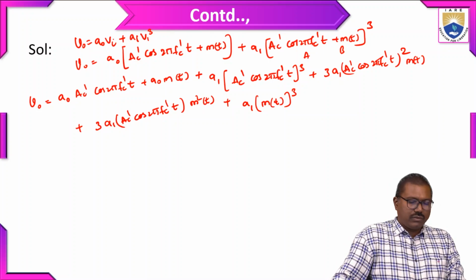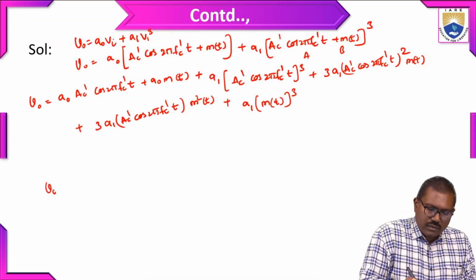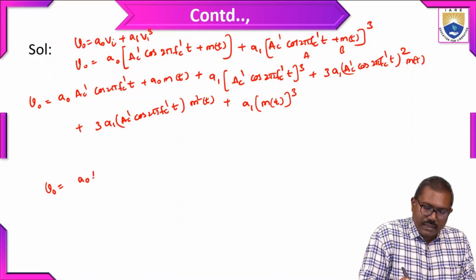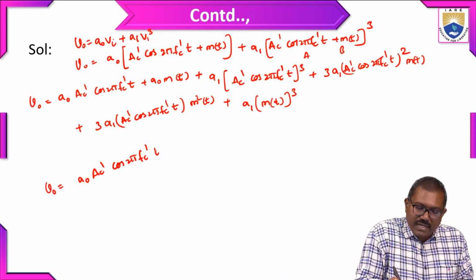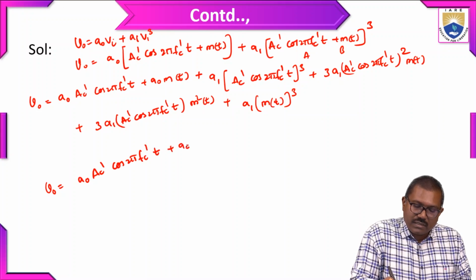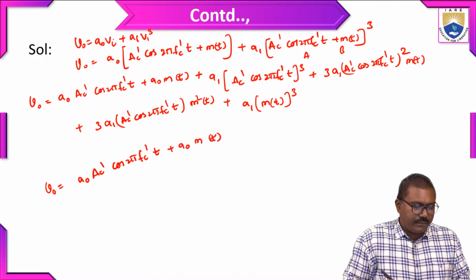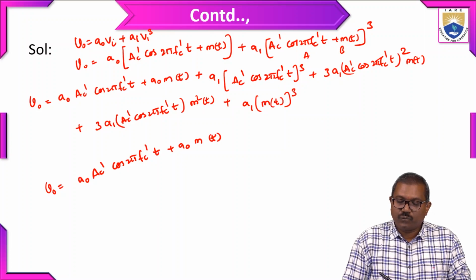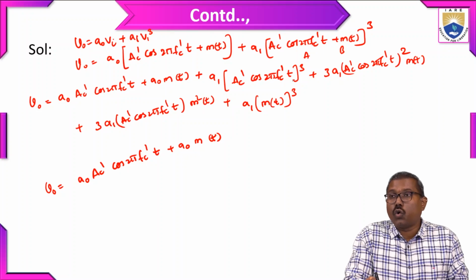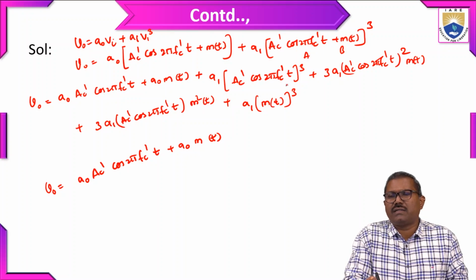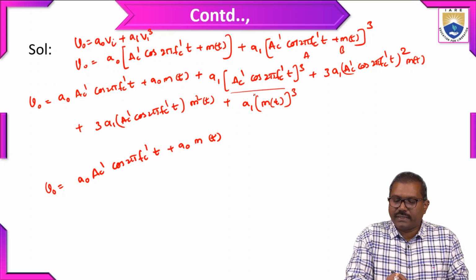Okay. So V naught is equal to A naught AC dash cos 2 pi FC dash T plus A naught M of T. Okay, here you can see FC dash T whole cube, FC is 1 megahertz whole cube. Okay, so this is unwanted.